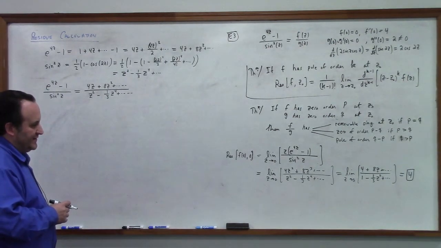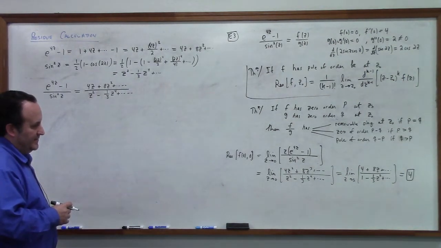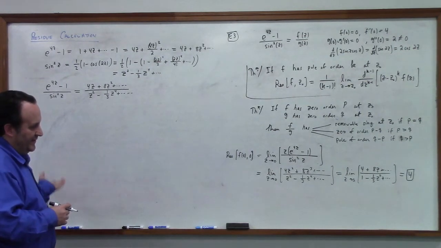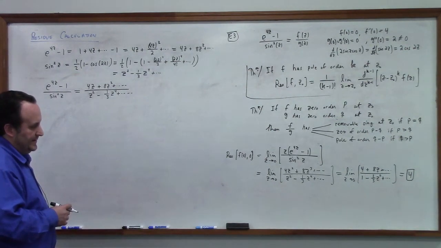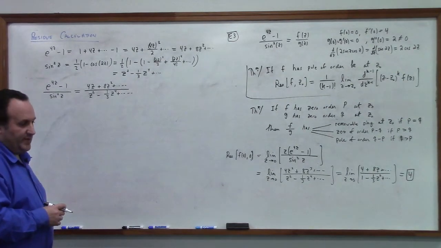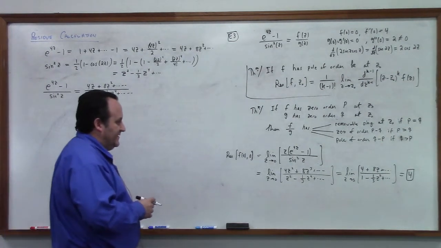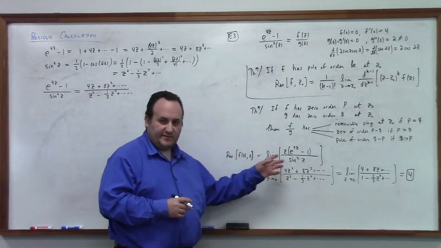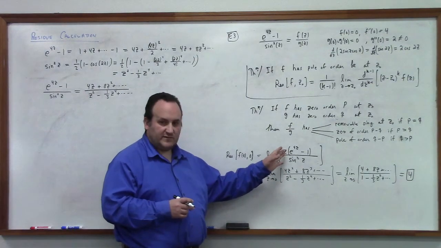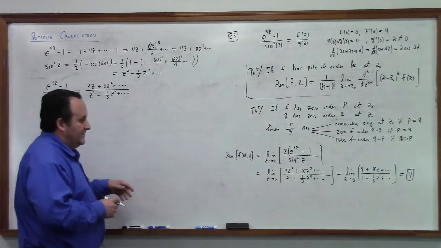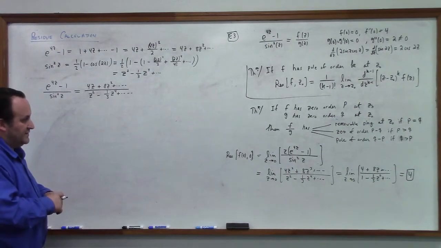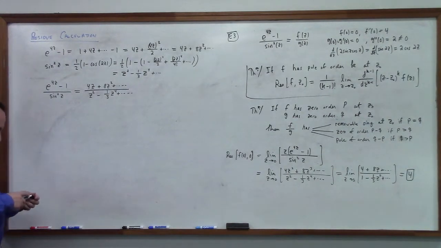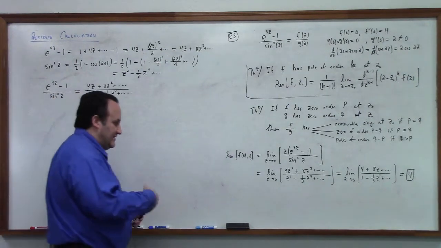But it is type 0 over 0, and there are good reasons to think that the limit in terms of the real variable x of that same expression probably has the same limit. On the flip side, if you're asked to calculate this limit in real calculus, this is also a good way to do it: replace the functions with their power series expansion. It may show you how to do a limit that would otherwise be very difficult. This is an important trick for calculating complicated limits, is to use corresponding series.